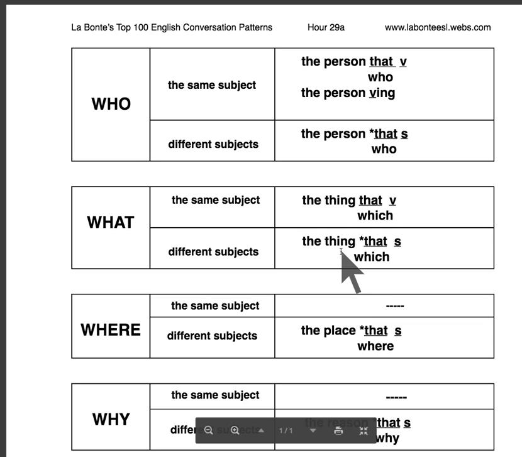So with things, with what: the thing that came in the mail, the thing which he enjoys doing, same or different subjects. Oftentimes you can just say the one that came, the one that I want to meet, the one I want to buy.